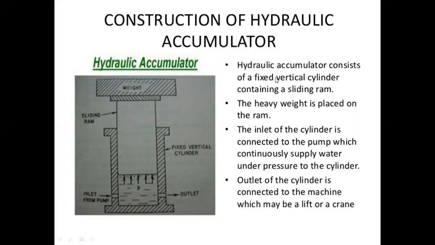The heavy weight is placed on the ram. The inlet of the cylinder is connected to the pump, which continuously supplies water under pressure to the cylinder. The outlet of the cylinder is connected to the machine, which may be a lift or a crane, means the hydraulic machine where it is required.